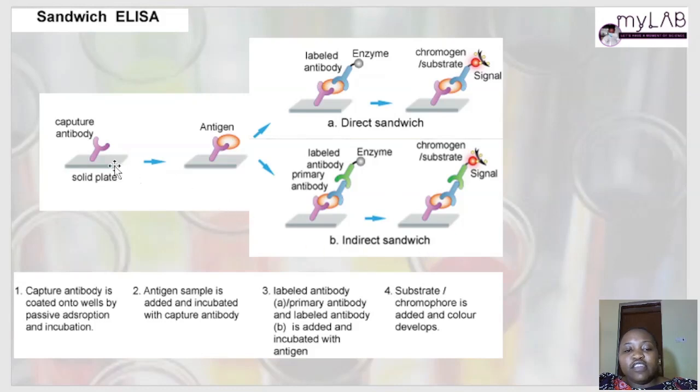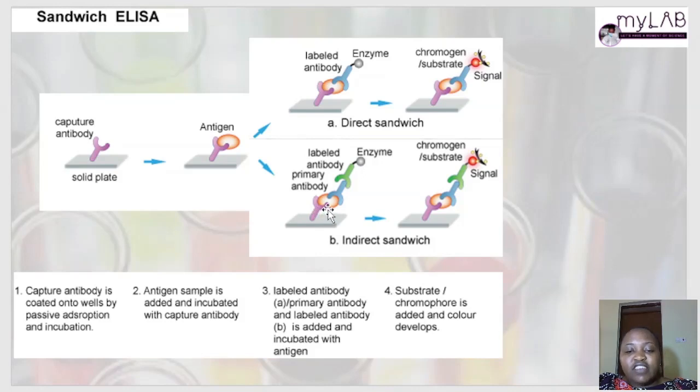After you have coated the plate with a capture antibody and added your antigen, if you do direct ELISA, the antibody you add is labeled with the enzyme, so you just add your substrate and there will be signal. If you do it indirectly, it's like the one I showed you before.